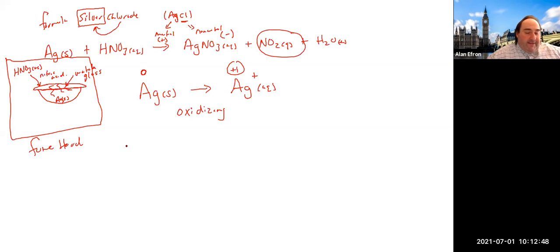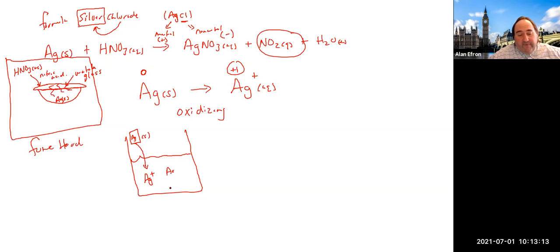And what that means, if you're watching what's happening with all the liquid in there, is that the silver starts out as a solid, not interacting at all. But once we add the nitric acid, it liberates the silver into silver ions that are now free floating around in the liquid part of the solution.